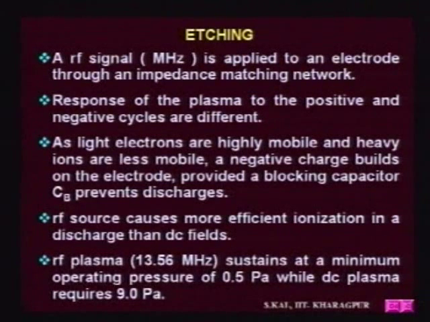All these better things are observed in RF plasma etching. The plasma source uses a 13.56 megahertz RF signal, and that 13.56 megahertz has been taken as a standard frequency for most RF plasma chambers and plasma sources.